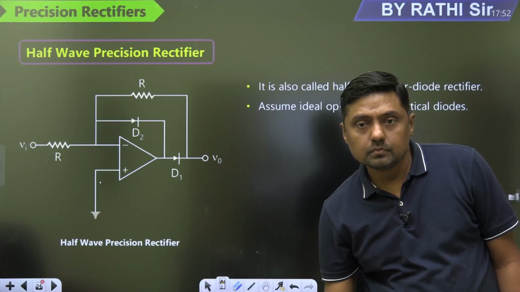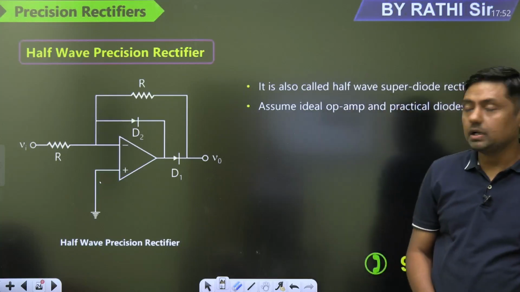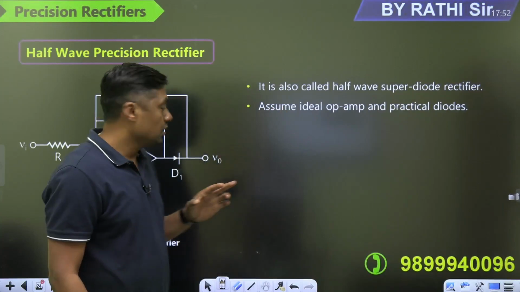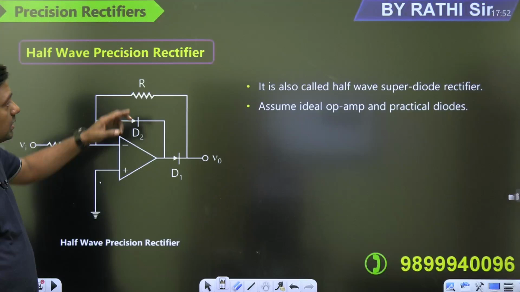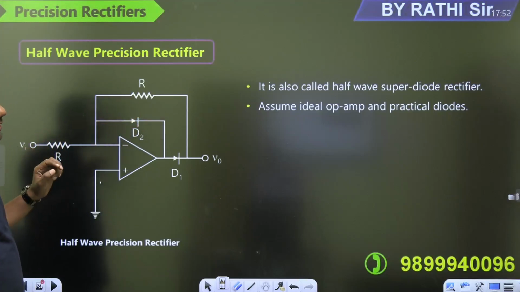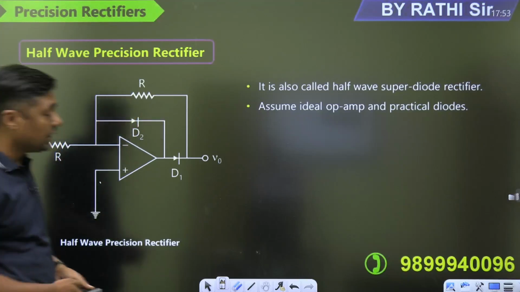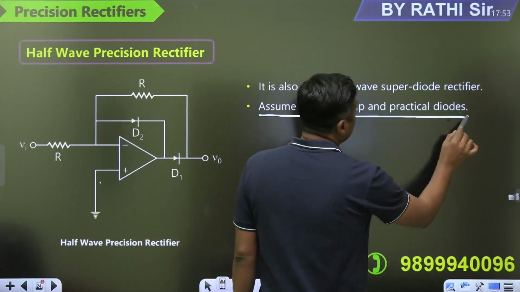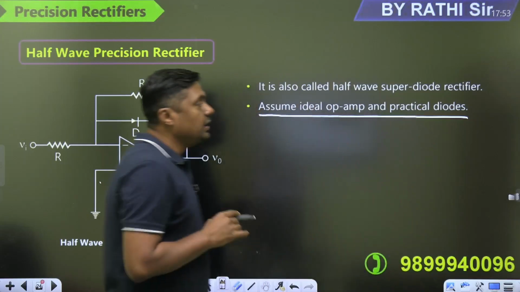Now watch this diagram carefully. Here we are using two diodes. One is here, one is here. It is called the half wave super diode circuit. Assume the ideal OpAmp and practical diodes. Always remember this phrase is used in the question: ideal OpAmp and practical diode.